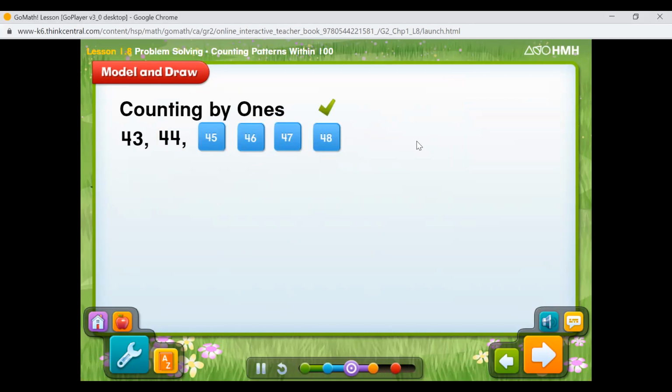You're right. The order for counting is 43, 44, 45, 46, 47, 48.